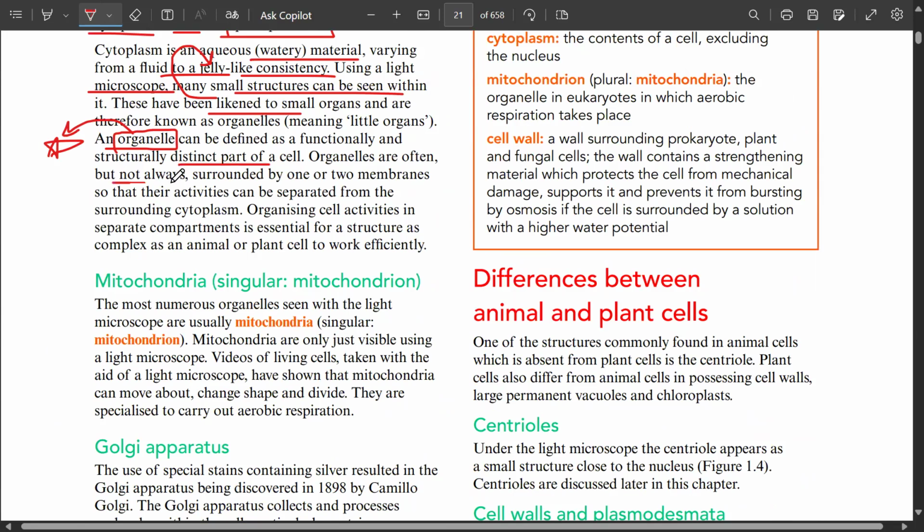An organelle can be defined as a functionally and structurally distinct part of a cell. Organelles are often, but not always, surrounded by one or two membranes, so their activities can be separated from the surrounding cytoplasm. Each chloroplast, nucleus, mitochondria, Golgi, they are all separated by what? Cytoplasm. Organizing the cell's activities in separate compartments is also essential for a structure as complex as an animal or plant cell to work efficiently.